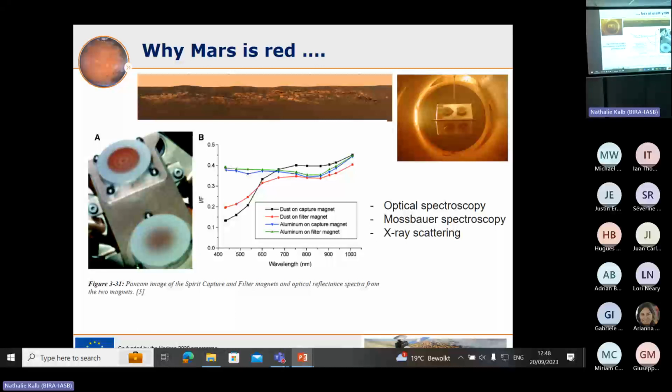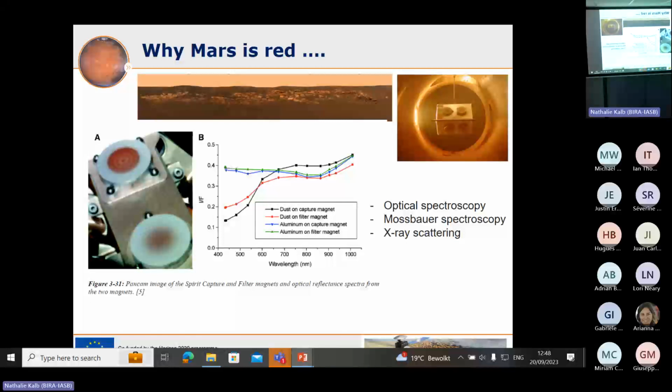But there's a group in Copenhagen that has sent magnets to Mars on basically every NASA mission. The point of them is to capture the dust, which is slightly magnetic. They captured enough to actually do analysis on it. They did mineralogy analysis, and they proved that it's made of exactly the same stuff as the sand.